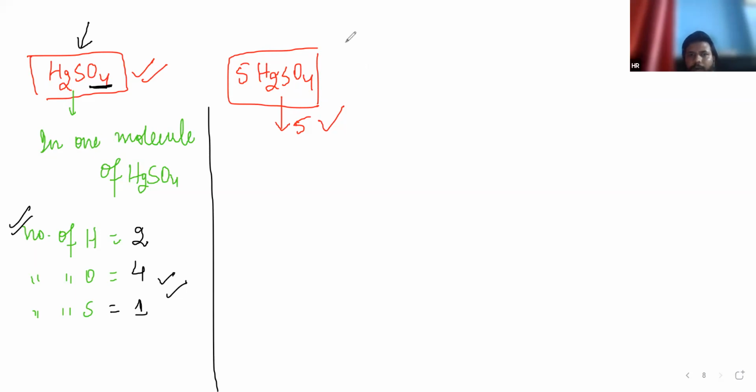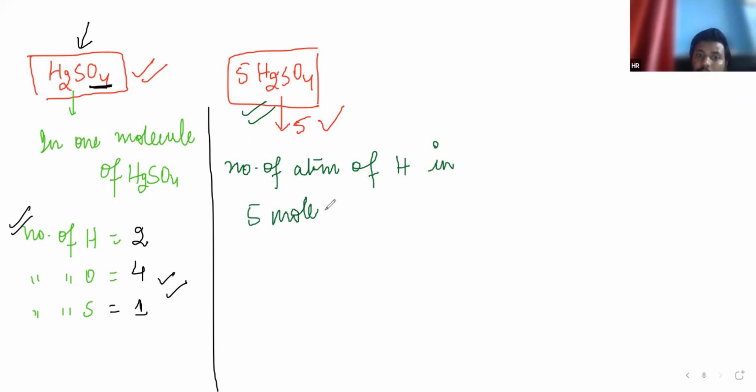4. Very good. Now, see, if I am telling you this is 5 molecules of H2SO4, we need to calculate the number of hydrogen atoms in 5 molecules of H2SO4.